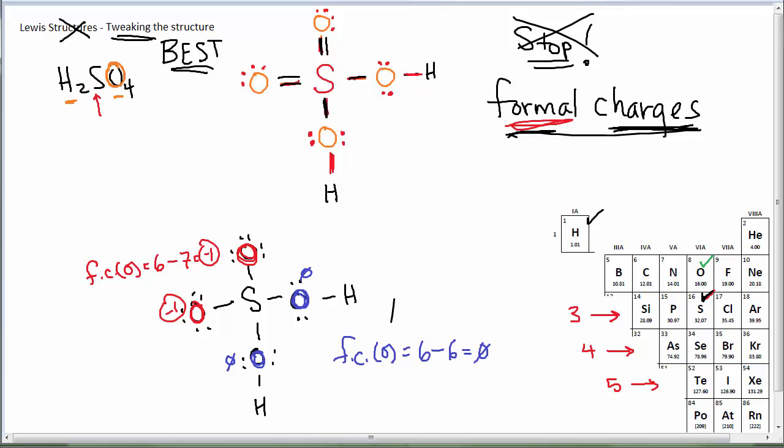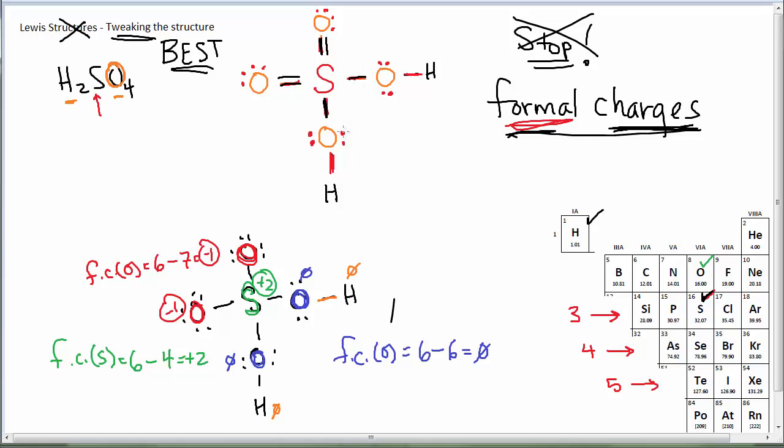Hydrogens are very easy to do. Hydrogen has 1 valence electron and 1 in its bond, so we almost always see hydrogen with a formal charge of 0. And now let's look at our sulfur. The formal charge of this sulfur is equal to 6 minus 1, 2, 3, 4, or a +2. So I've assigned all of my formal charges.